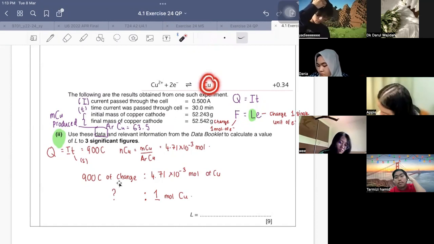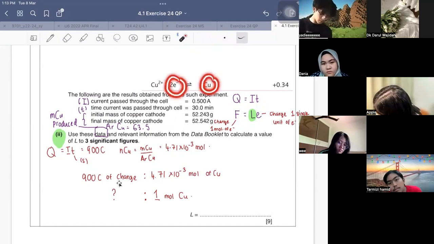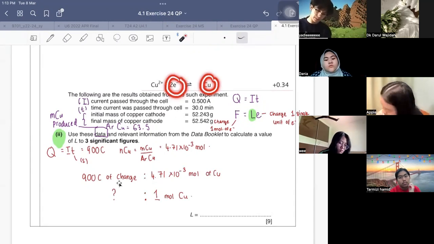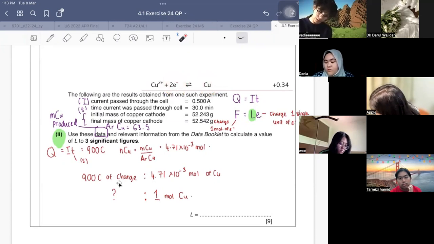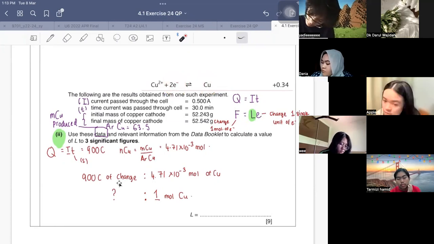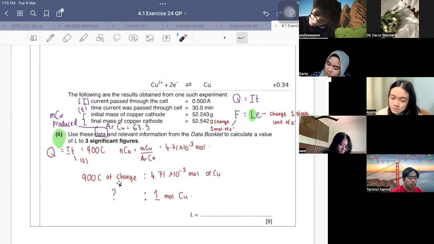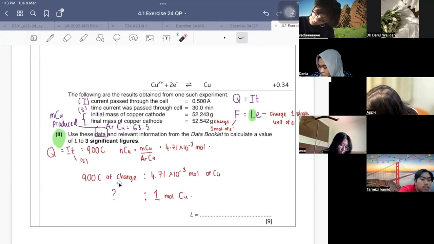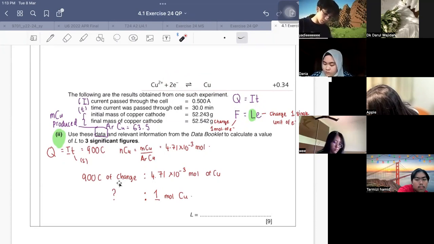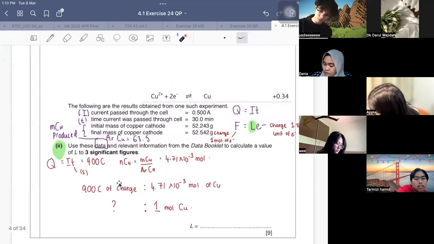Because copper and electrons are related to each other, because electrons carry charge. Hopefully later on, after we're done with the question, I will explain again why we decided to do these steps. So first, you want to know the charge that is required to produce 1 mole of copper.